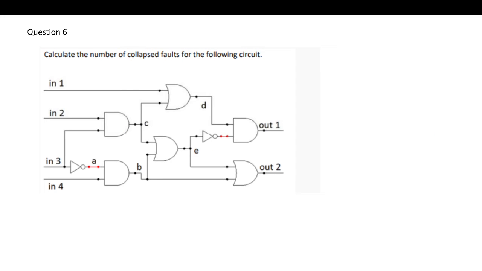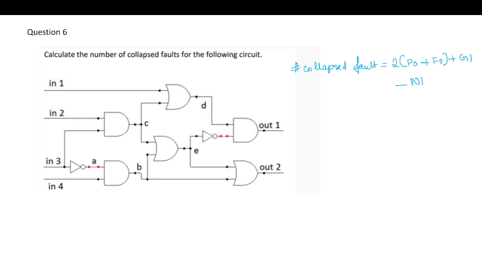Next question. Calculate the number of collapsed faults for the following circuit. And the formula for that is two times the number of primary outputs plus the fan out stem plus G1, which is the gate input, minus the number of inverters.